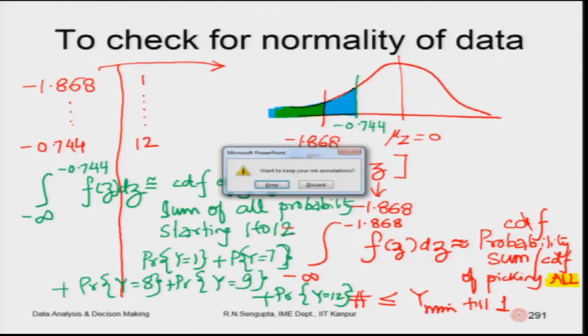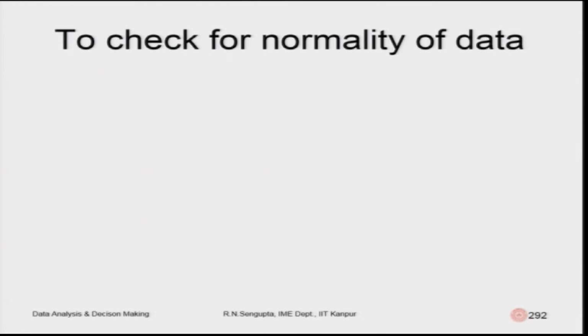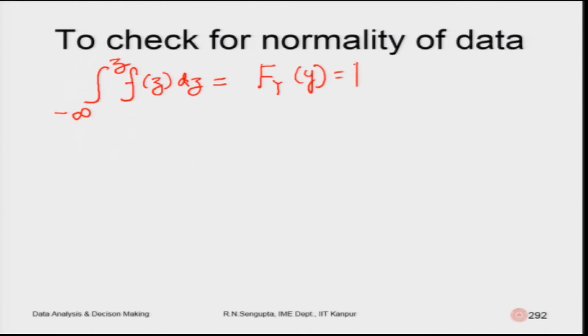So, this is actually the essence. What we are doing is the summation from minus infinity to some value of z of f of z, this is the standard normal, that should be equal to f of y or small y, which is probability of capital Y being less than or equal to small y.